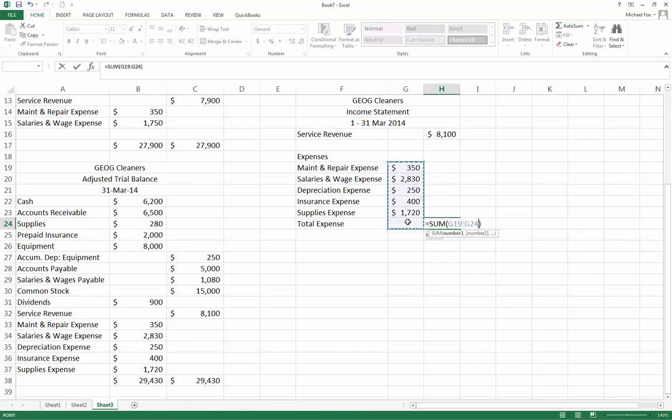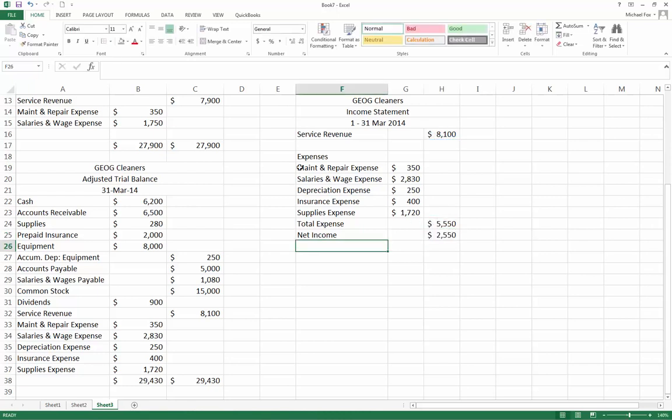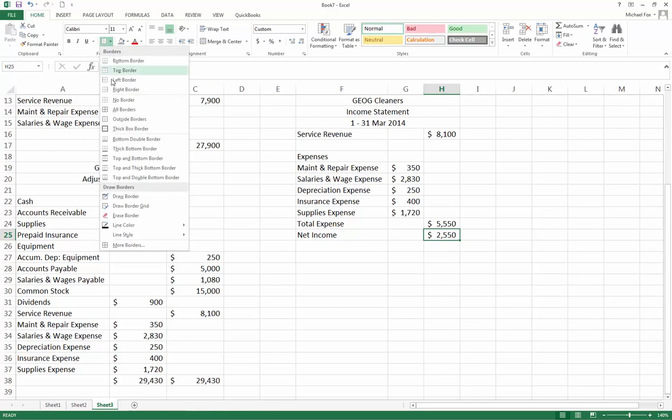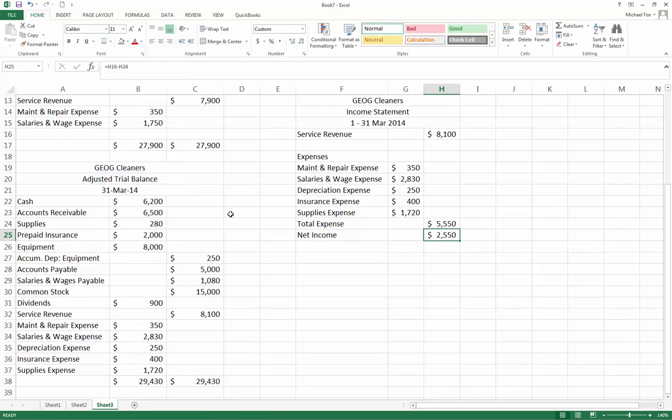We'll add up all the expenses. And then our net income, which will equal our revenue minus our expense. So it's that easy once you have, especially if you're using Excel, an adjusted trial balance, you can just pull the data right off of there, and it's pretty easy. Statement of retained earnings.